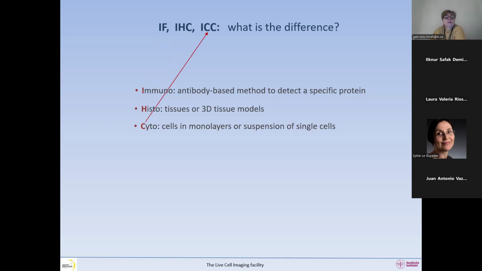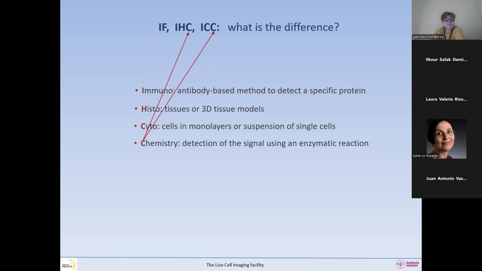The cyto in the middle of ICC comes from the word cyto. It means that we will perform our immunostaining on cells in monolayer or suspension.